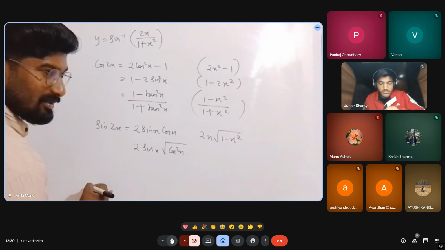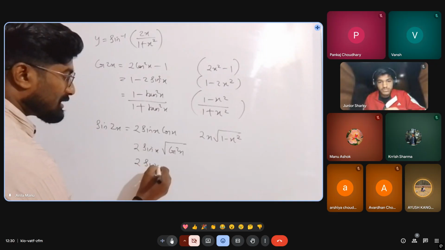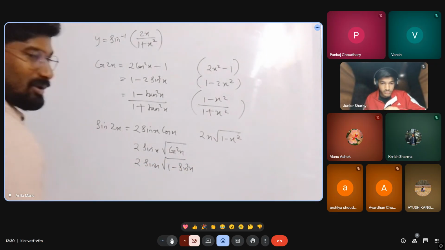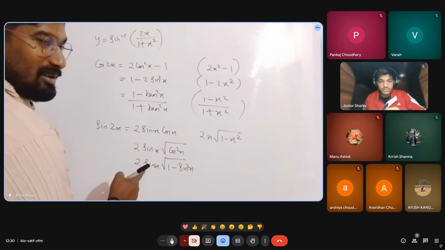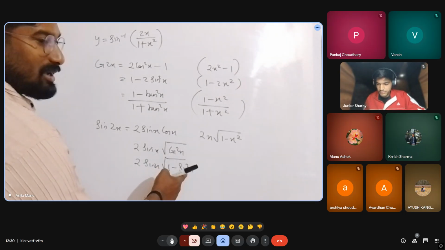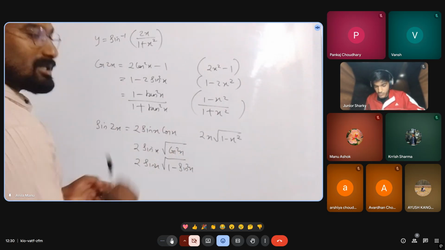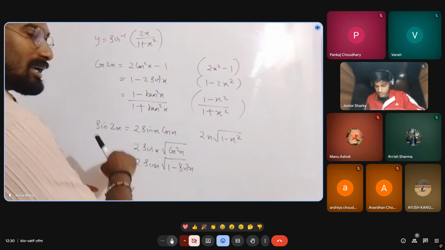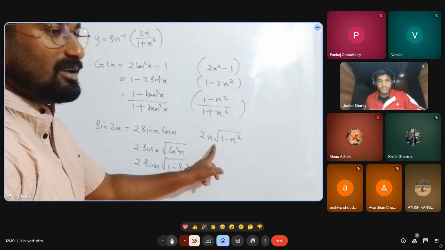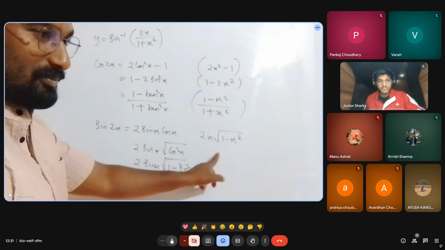Which can be written as 2 sine x into square root of 1 minus sine square x. So it is of the form 2x into square root of 1 minus x square, where x is going to be sine x. Either sine or cos, two possibilities are there. So if you get this property, what do you have to understand? This is 2 sine x cos x. Clear? Okay.